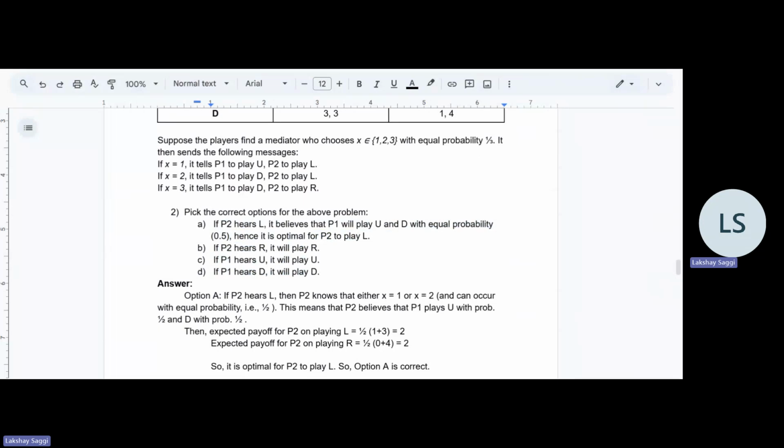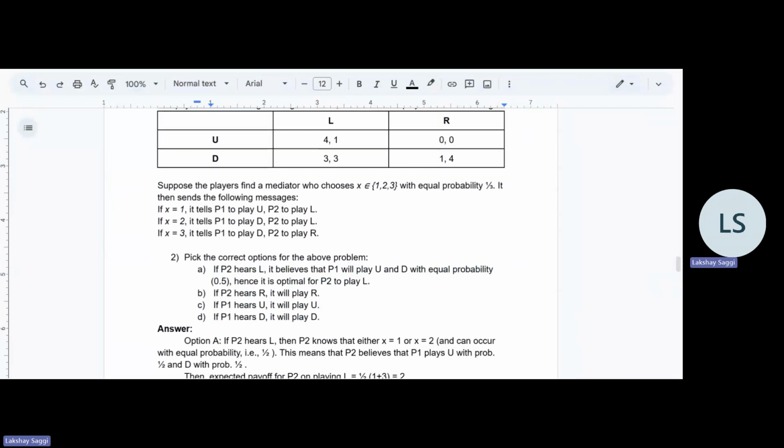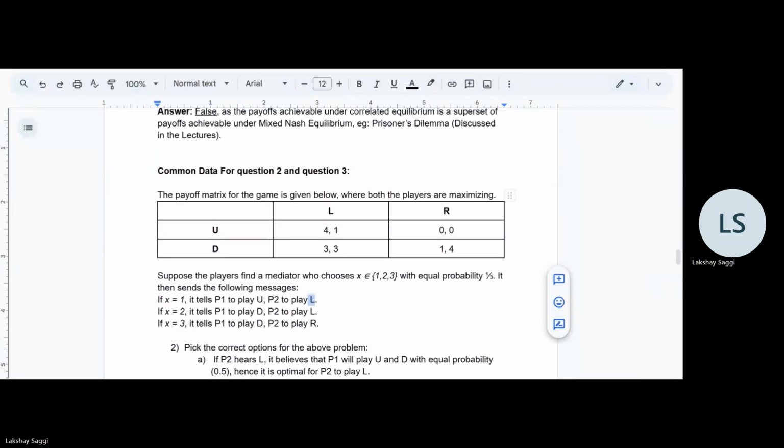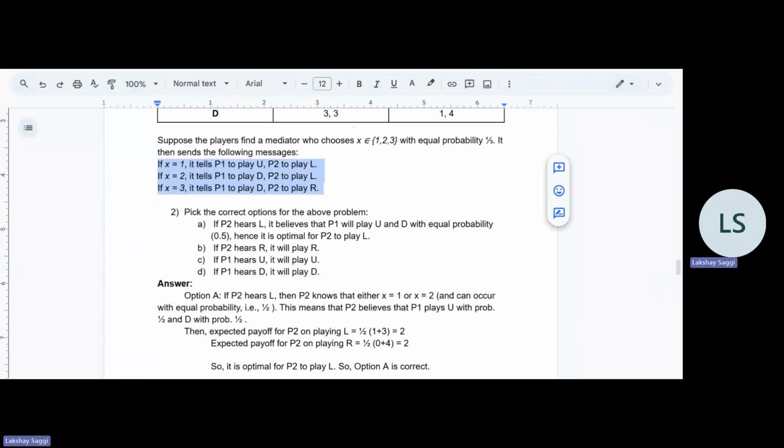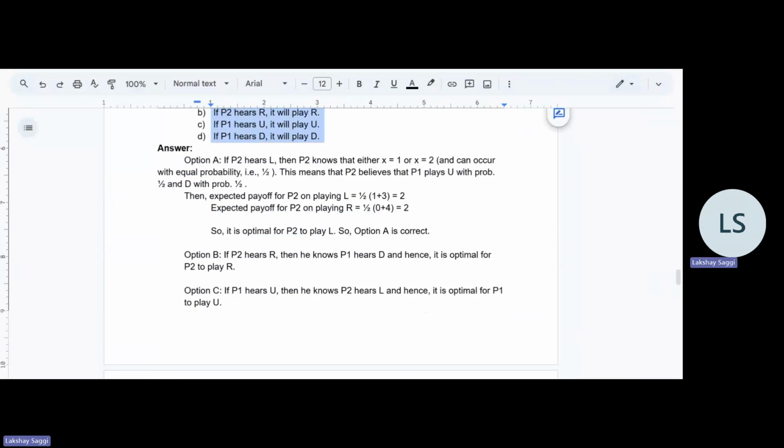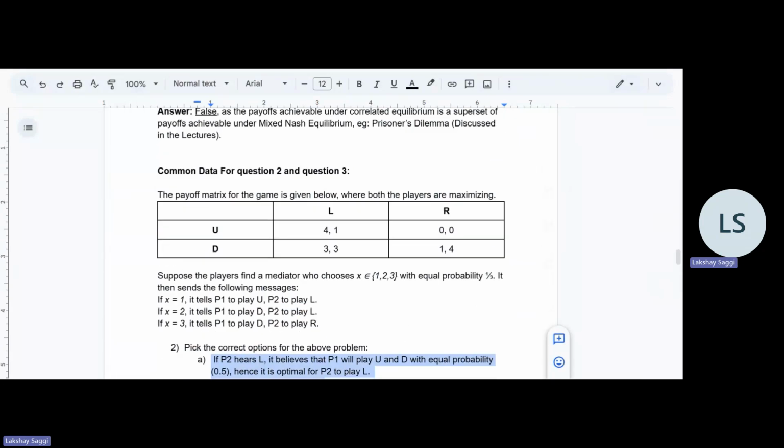The payoffs were actually not 2.5, 2.5. It can be seen by yourself also: U, L is played with probability 1 by 3. Similarly, D, L is played with probability 1 by 3. And D, R is played with probability 1 by 3. Note that all of these are played because in option A, we saw that everyone is being obedient to the mediator.